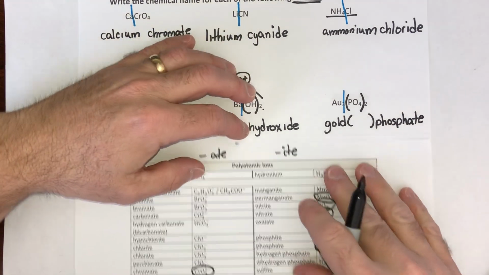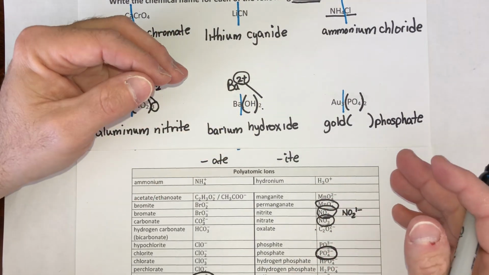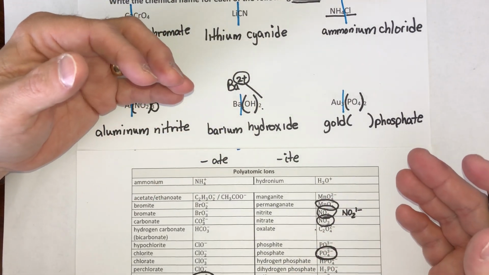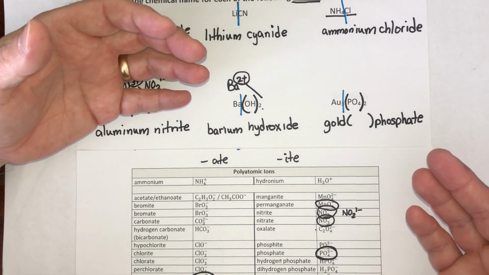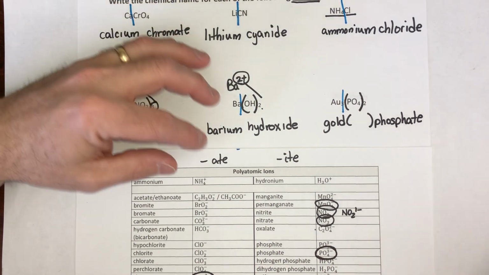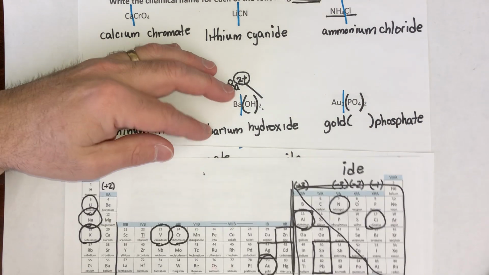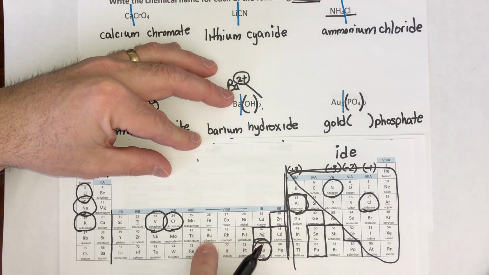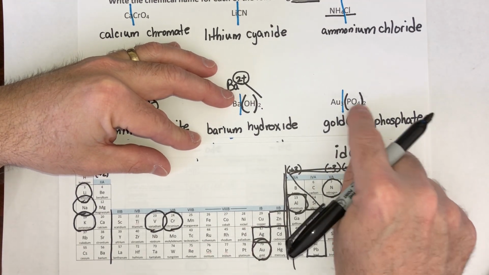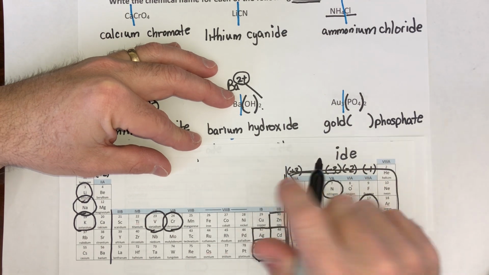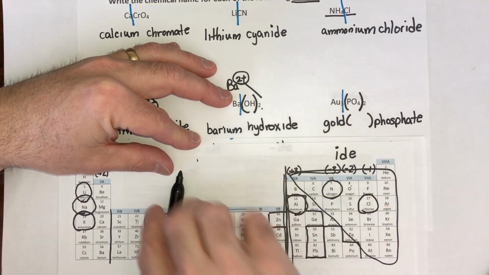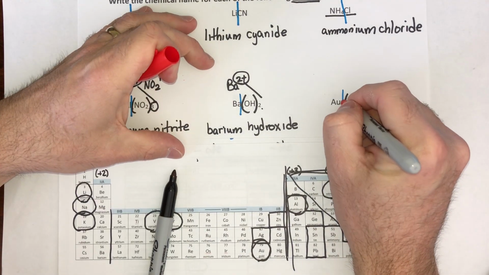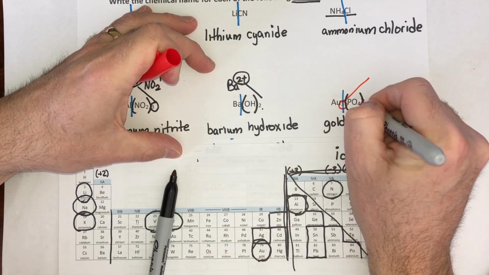Now, if you take a look at the second video in the series, the one that talks about naming ionic compounds if you've got group B elements, that's where we currently are. We now have a B element, and I need to figure out its charge. And we said basically you're going to take the little circles of the numbers thing and go backwards, right? Where did the 3 come from?